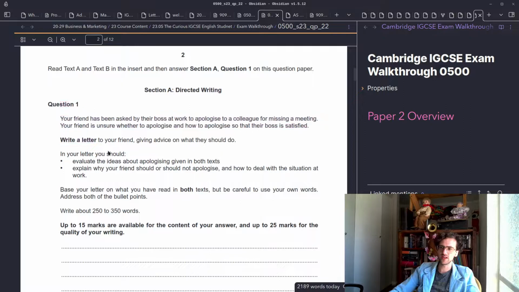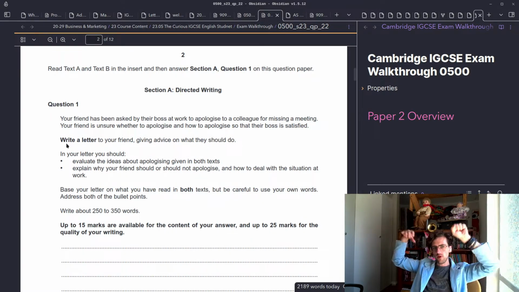So we need to know the conventions of a letter. What makes a letter? And it's not just that it's got the heading in the right place, the address in the right place. That's not what makes it a letter. A letter has very specific conventions, and a way that it's written to achieve a specific purpose. And so what we're doing here is we are taking the information from both texts.